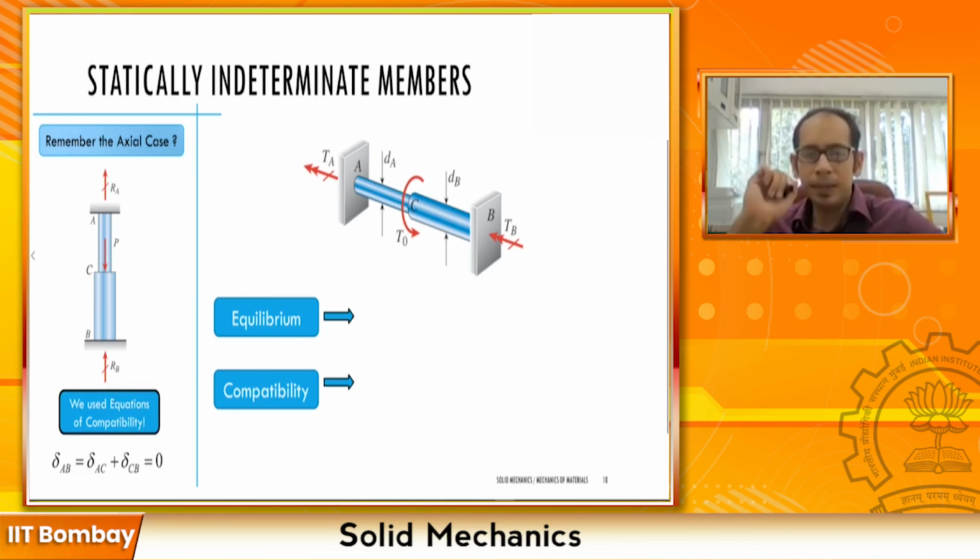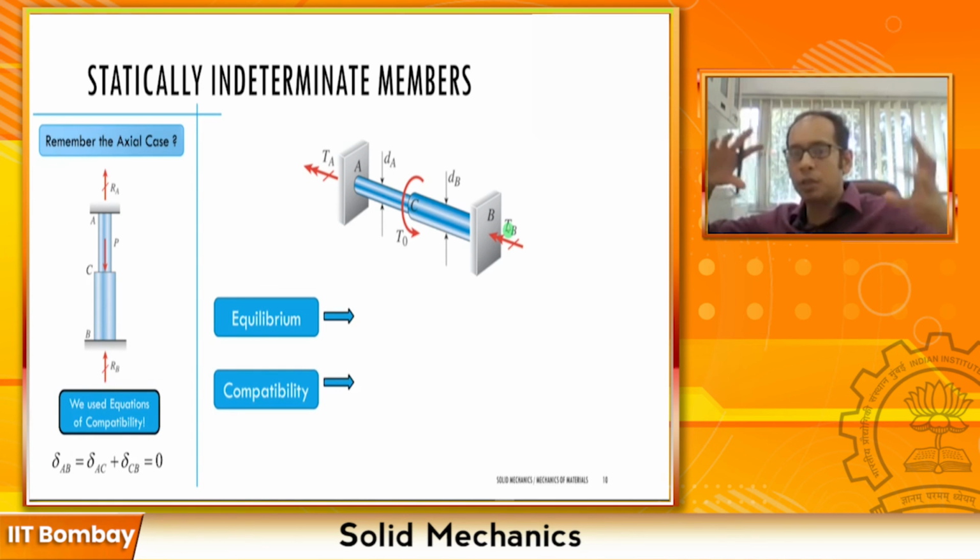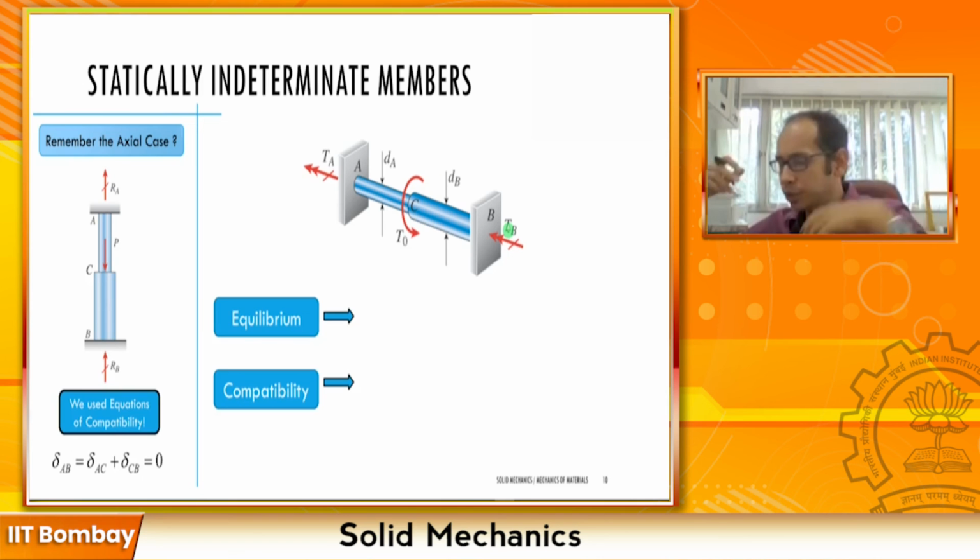What you see in this statically indeterminate case is that, similar to the axial loading case, you have a shaft which may have different cross sections, and it's clamped at this end and this end over here. So these points A and B do not move relative to each other. That means the total angle of twist phi AB, the relative movement of B with respect to A, is going to be equal to 0.